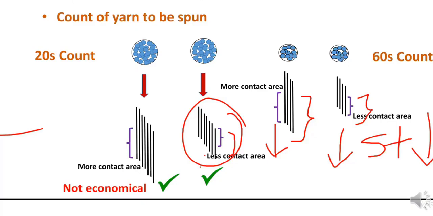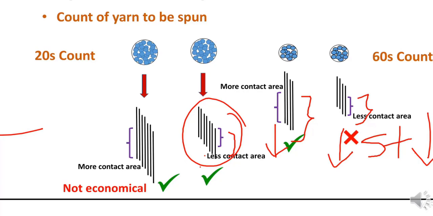As far as 60s count is concerned, here you have to use longer length fibers for 60s. If you use short fibers for spinning 60s count, nobody is going to accept the quality of yarn. So in general, what we can say, longer fibers have to be reserved for spinning fine counts.